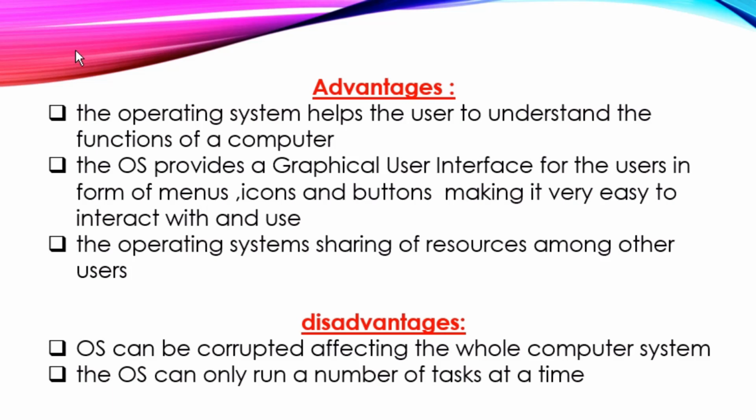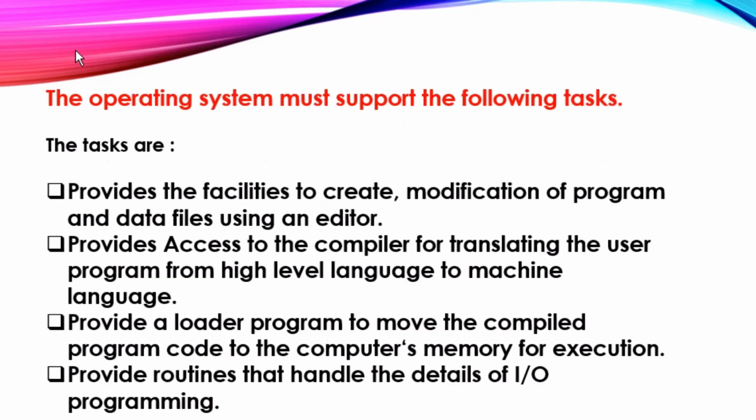We then finally look at the number of tasks supported by the operating system, and these tasks include: the operating system provides the facilities to create and modify program and data files using an editor.